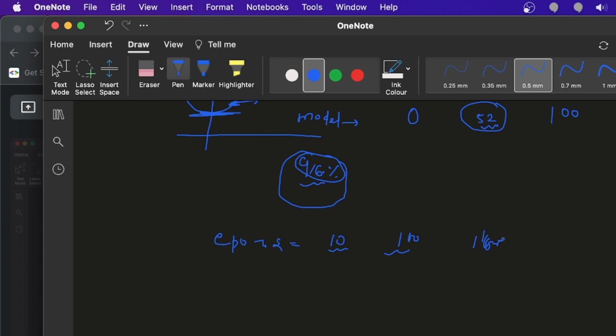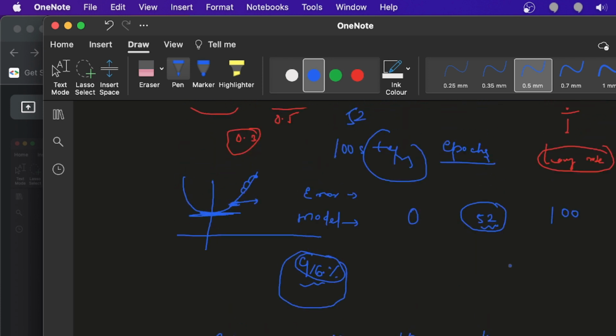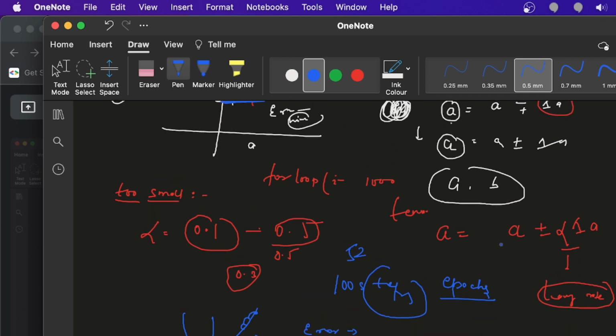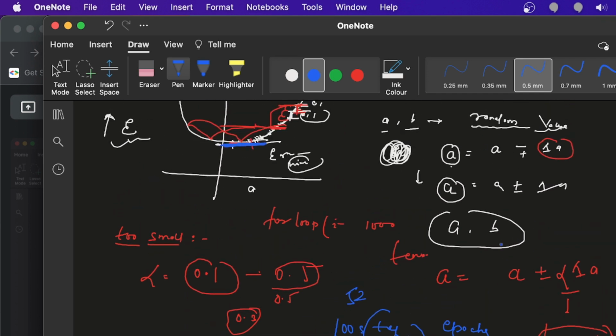So according to your model and your data set, you have to understand which number of epochs is good for getting a better result. We will discuss everything in the Python code, how the epochs are validated. So this is the way that you get the values of A and B, and this is how the gradient descent algorithm works.